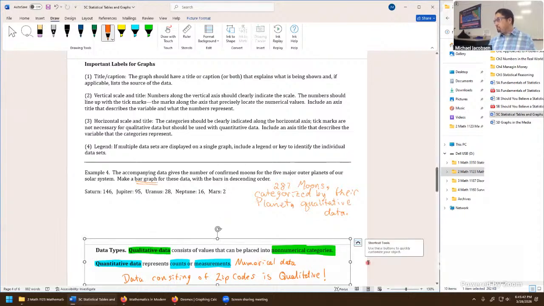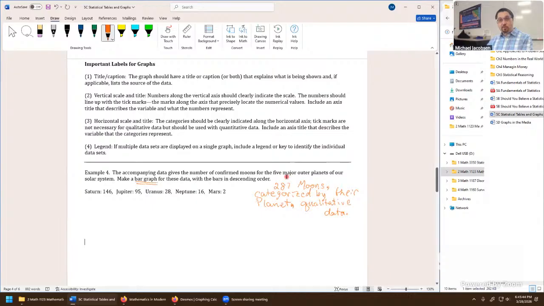Okay, now that we have a good sense of what kind of data it is, what kind of graph we're going for, let's look into the guidance on creating this display. Our author says, this is typed out verbatim from our textbook, first thing we should create is a title or caption that should explain what we're looking at when we see this bar chart. What is this information all about?